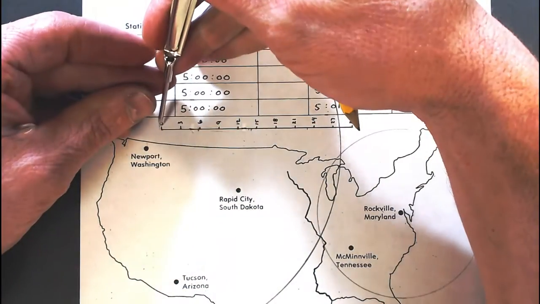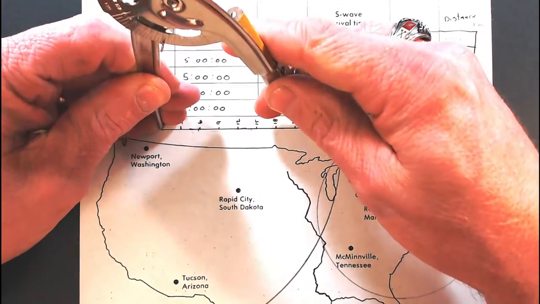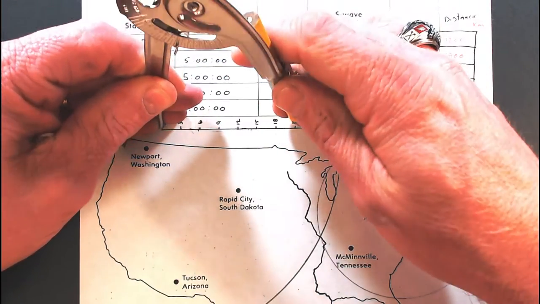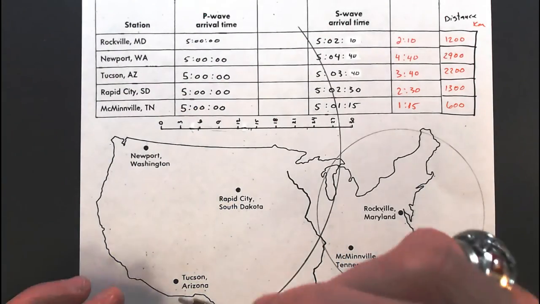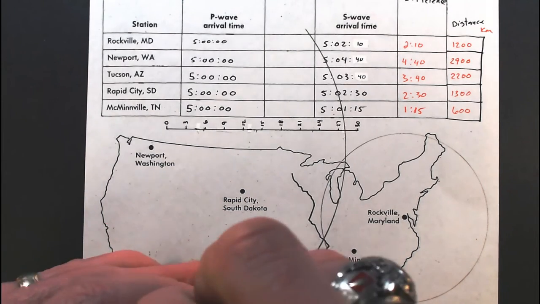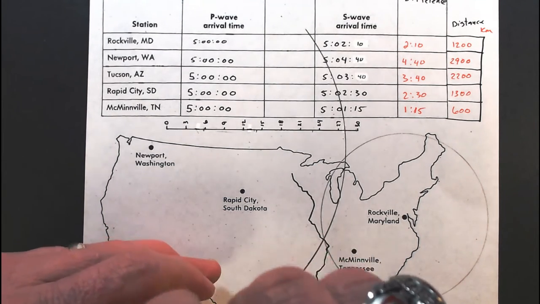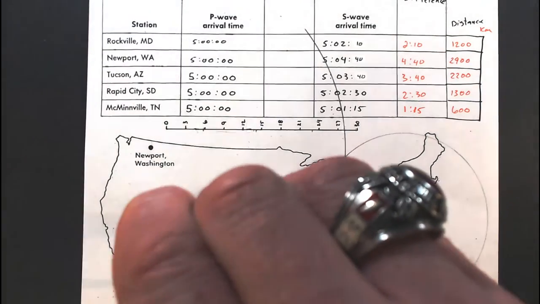So let's put our mark here, and we're going to come over about 22. Okay, and we're going to go to Arizona here, put in our center, and if we did this right, it should give us pretty close.